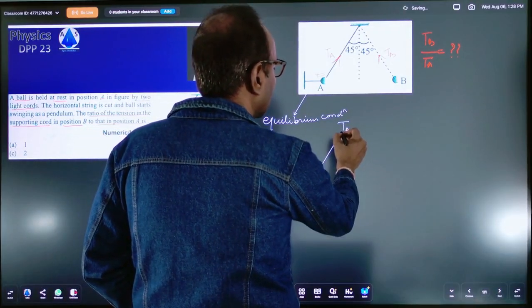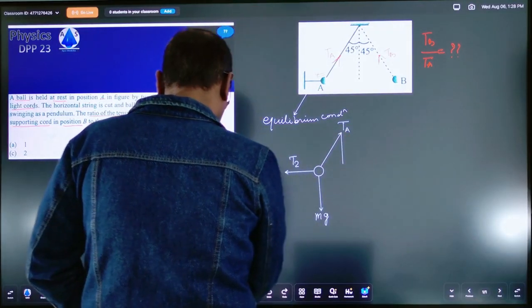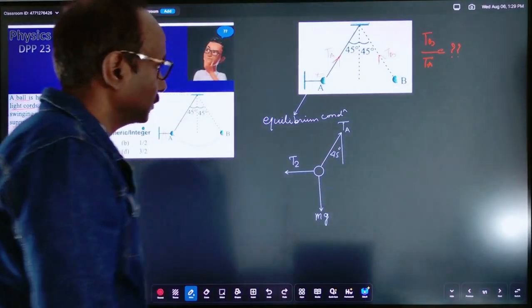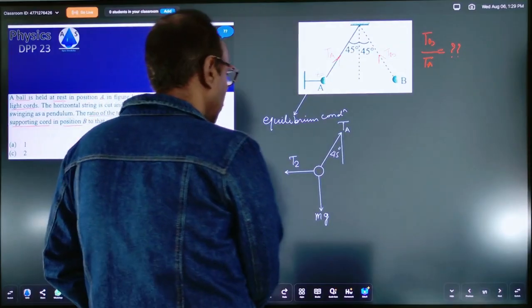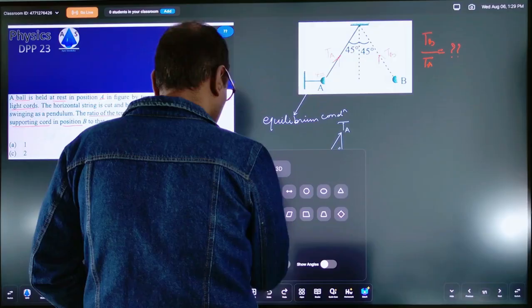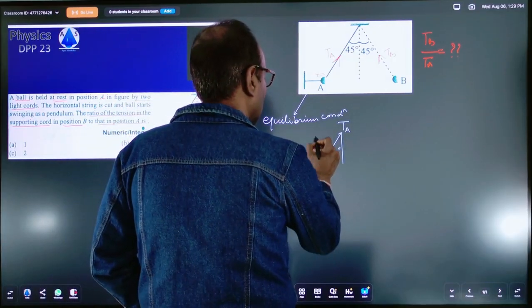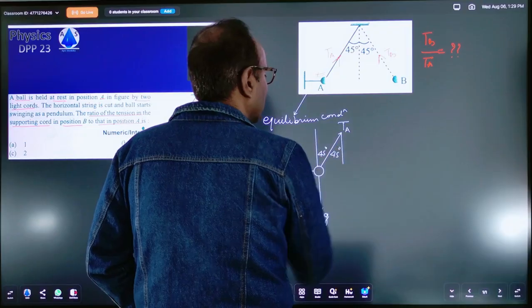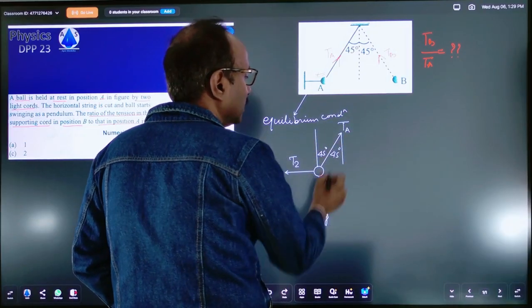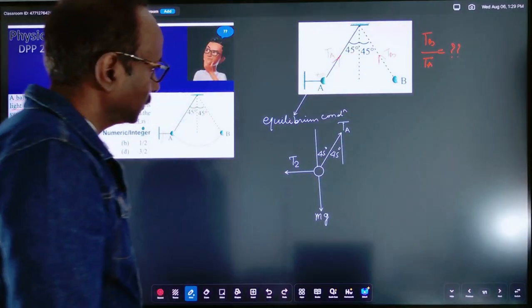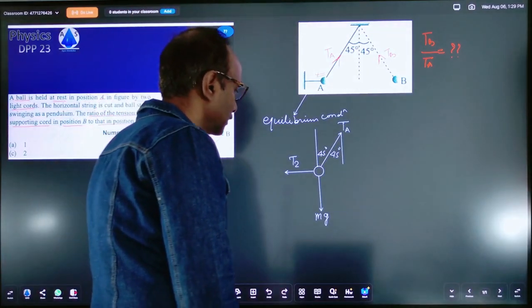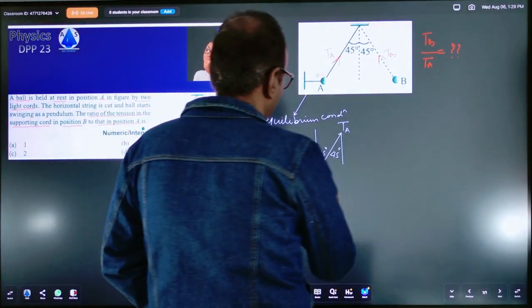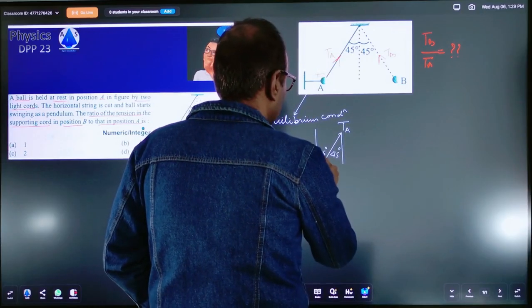What are the angles? This angle is 45 degree. So this angle will also be 45 degree because these two lines are parallel and these are interior angles.